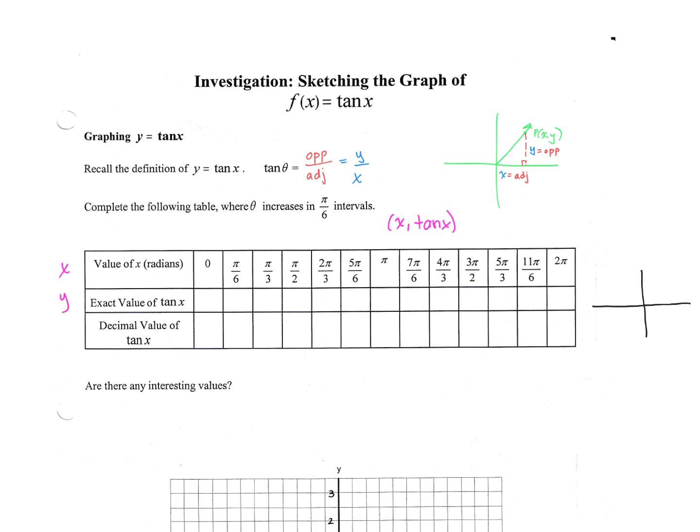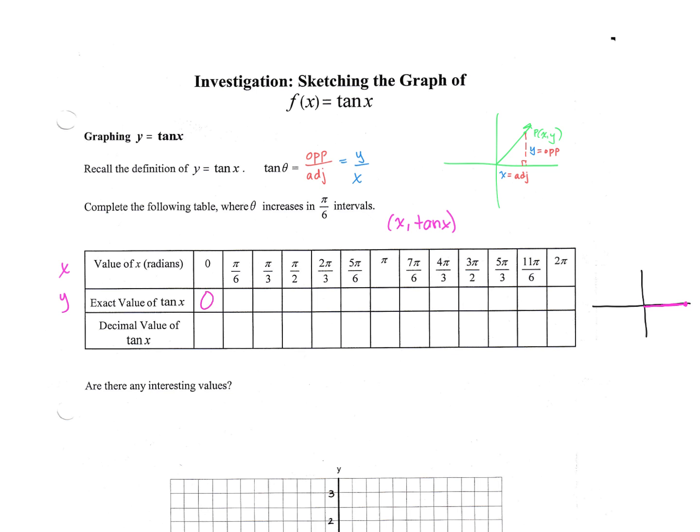If I start at 0, where we start all of our rotations, I'm on the positive x-axis. My opposite side is 0. My adjacent side is 1, right? So opposite over adjacent gives me a value of 0.